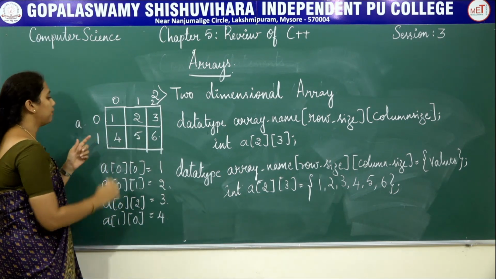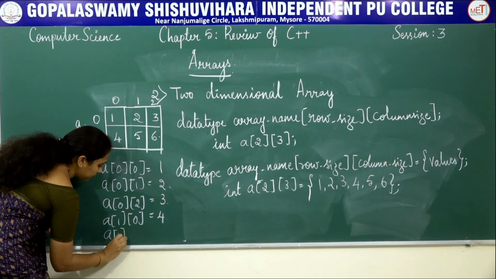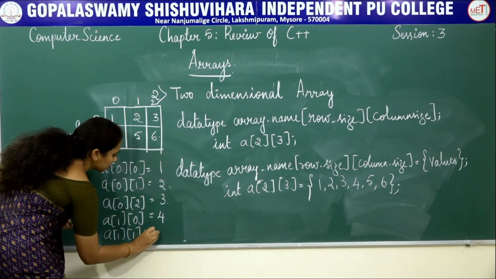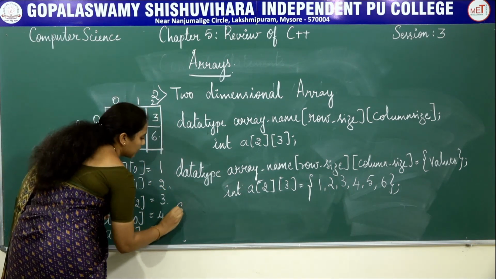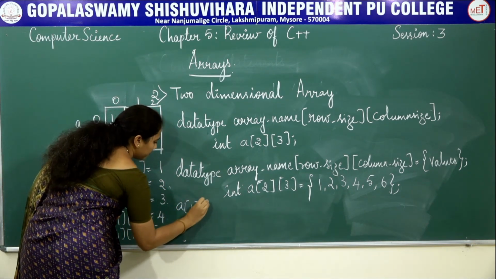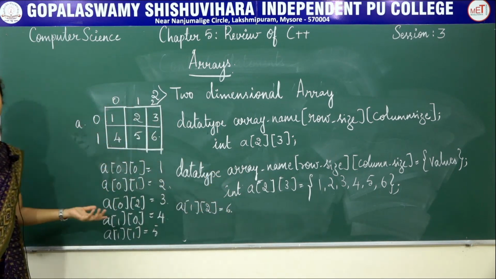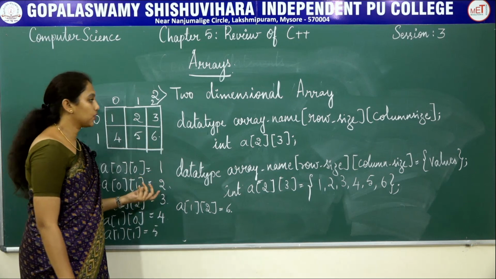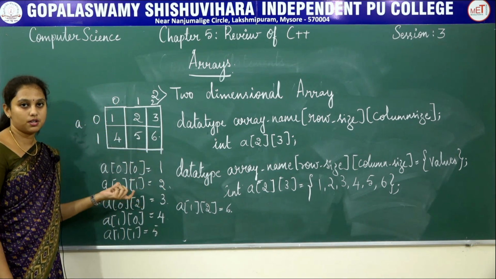A of 1, 1 contains 5. A of 1, 2 contains 6. So this is how we can access the elements of a two-dimensional array using the subscripts.